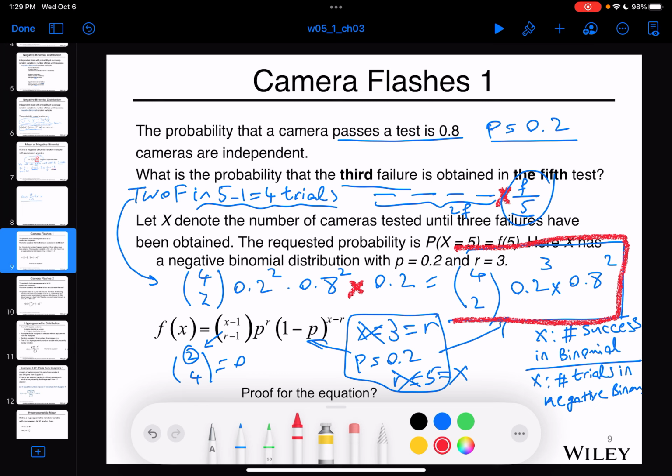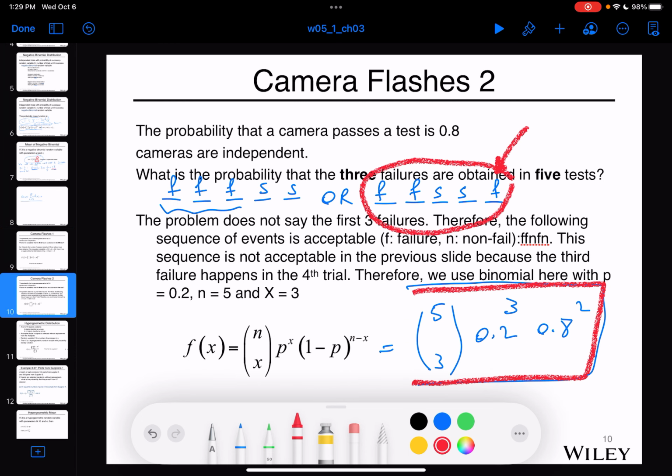And the setup is quite similar to the setup for the geometric experiment. Remember, for geometric, we said, how many times should I do this experiment until I find 1 success? For example, how many times should I roll the die until I get 6? In that experiment also, I keep rolling the die until I get a 6, and once I get a 6, I stop, right?